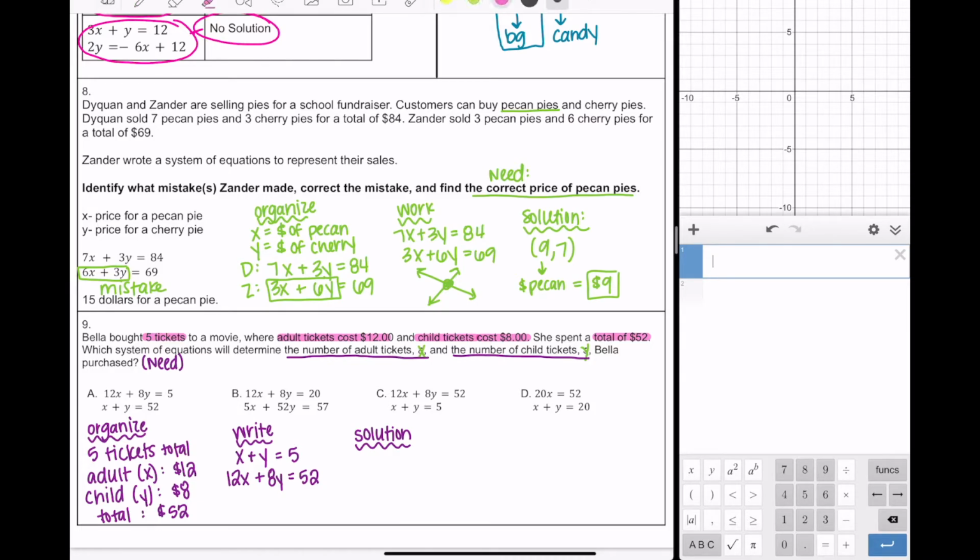Based on the answer choices, x plus y equals 5 and 12x plus 8y equals 52. So that would have to be C. Our solution, if we were asked to find it, would be the point where those 2 lines intersect. But we were not asked to actually solve this problem.